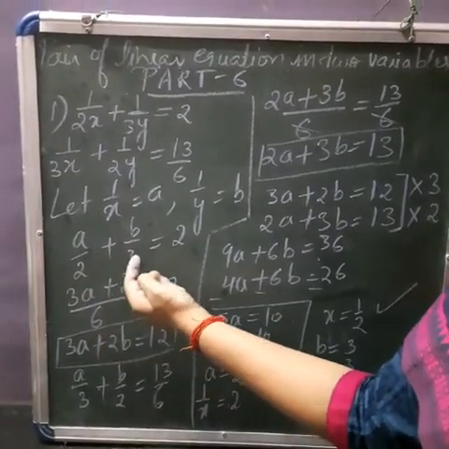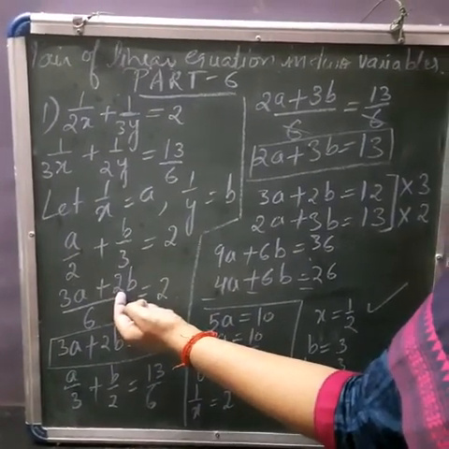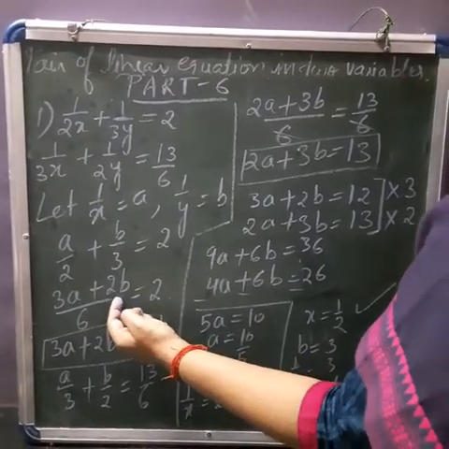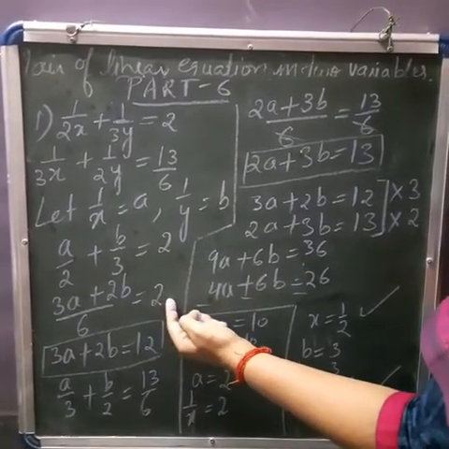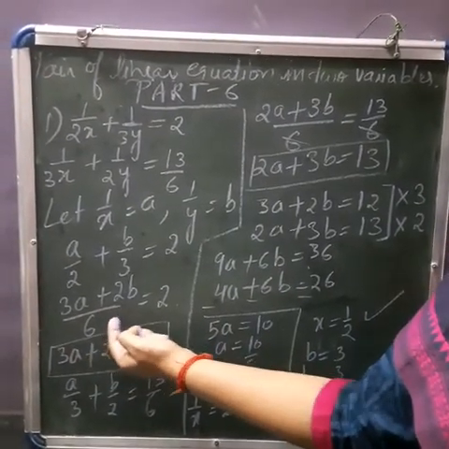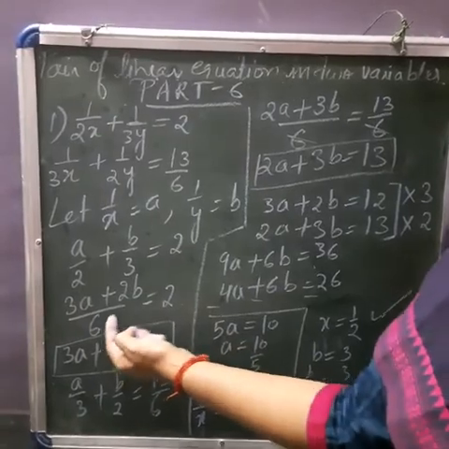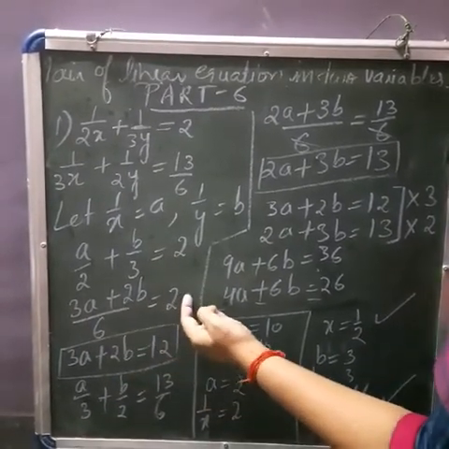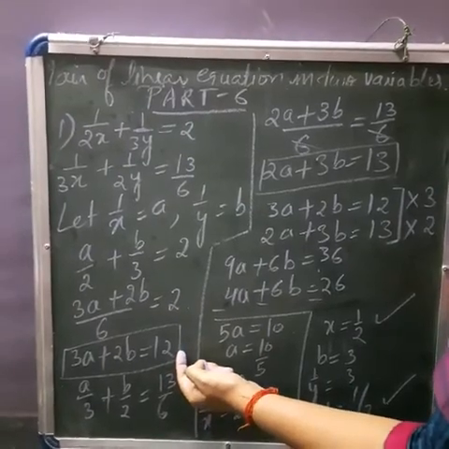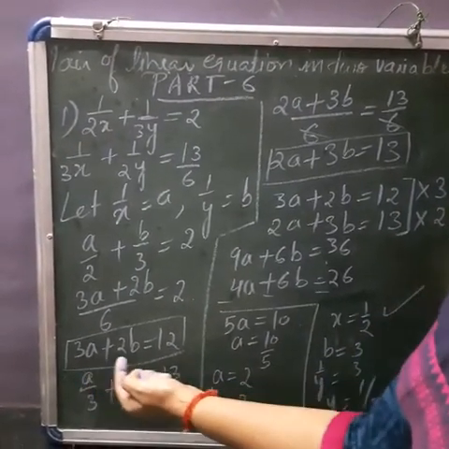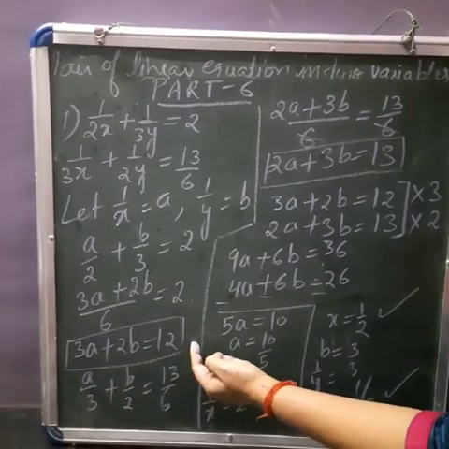Then 6 divided by 3 is 2, multiplied by b, 2b. Now 2 we have on the right hand side. 3a plus 2b upon 6 is equal to 2. You will cross multiply: 3a plus 2b, and 6 multiplied by 2 is 12. So equation number 1 will be 3a plus 2b is equal to 12.